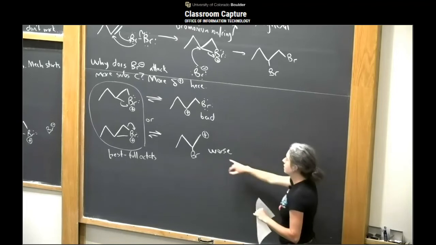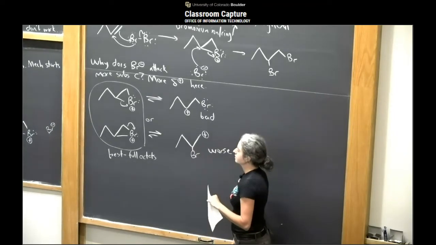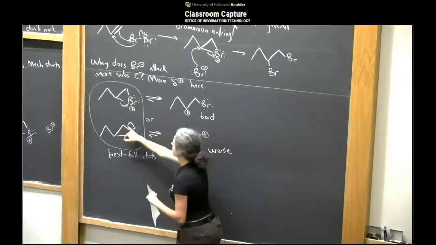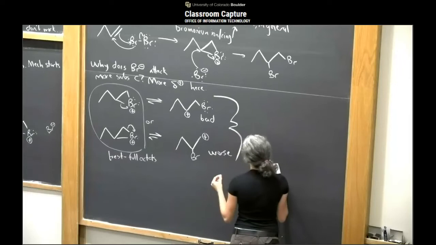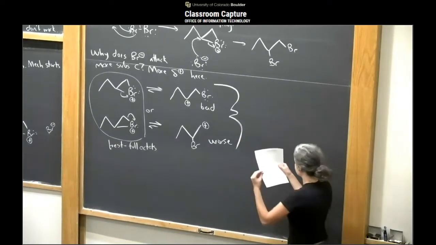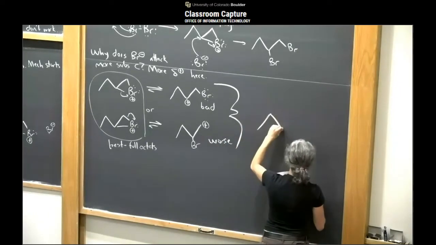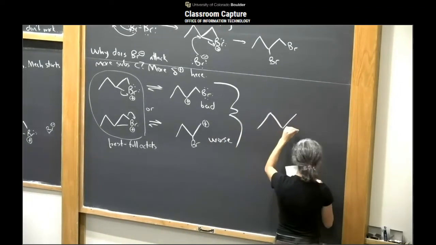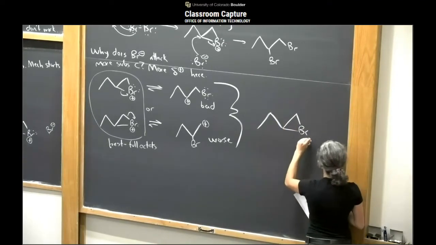Okay, so whether or not you really want to call this resonance because you're breaking sigma bonds, you can still sort of draw an overall charge distribution of the whole molecule that shows some of the positive charge getting parceled out to the 2 carbons of the ring.